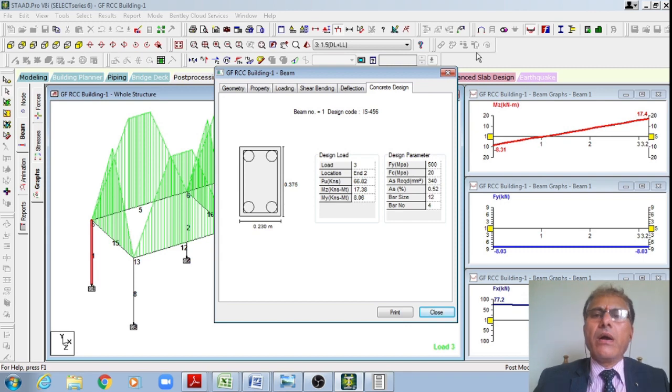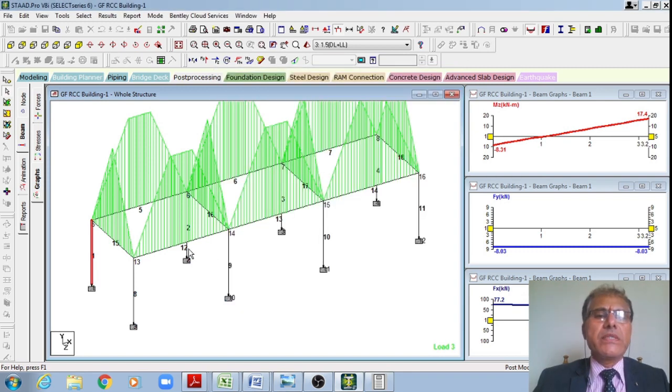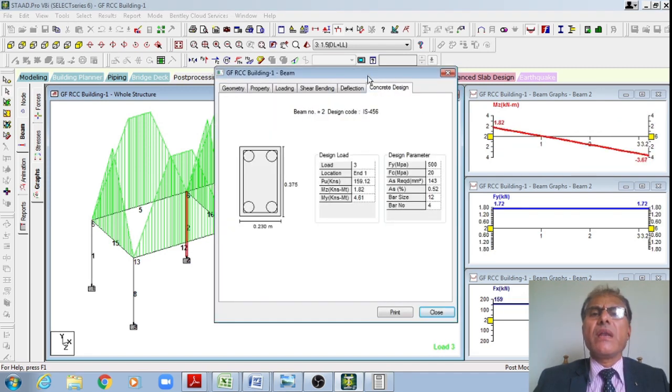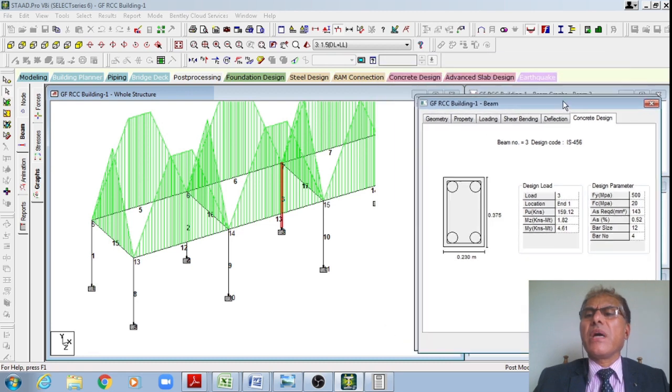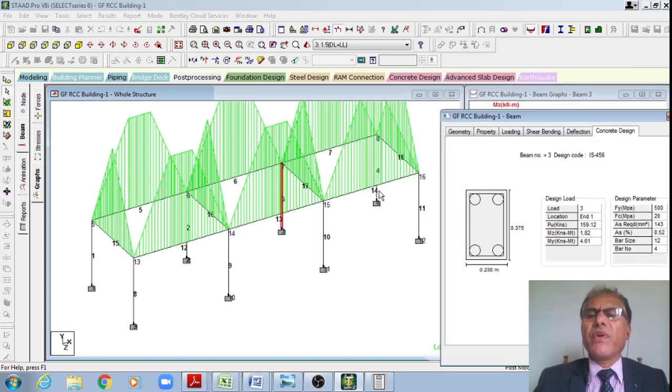But let us see what is that in the central column. Yes, there also it is saying that I did just require 143 mm square, not acceptable, not less than 690. Like that, if I click the other columns, there also I am getting the same 143, right? 340 and 143 same.